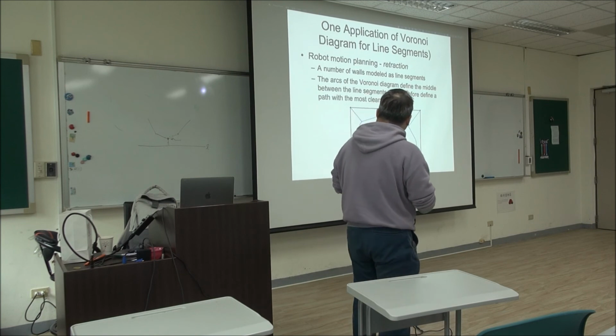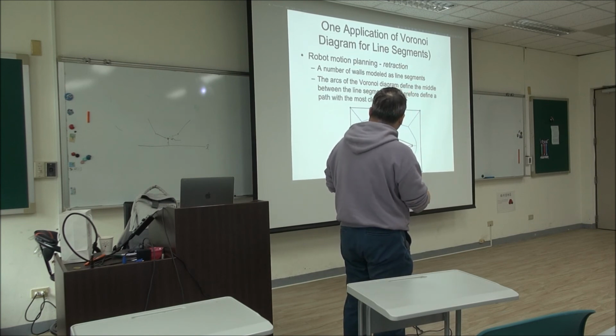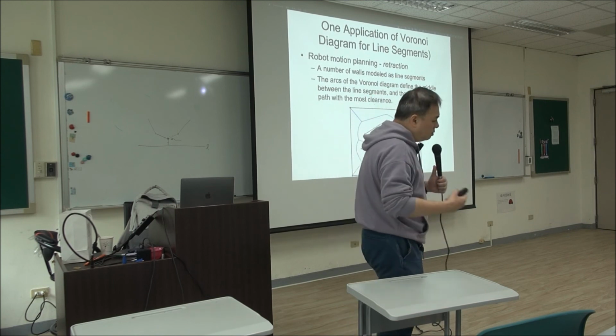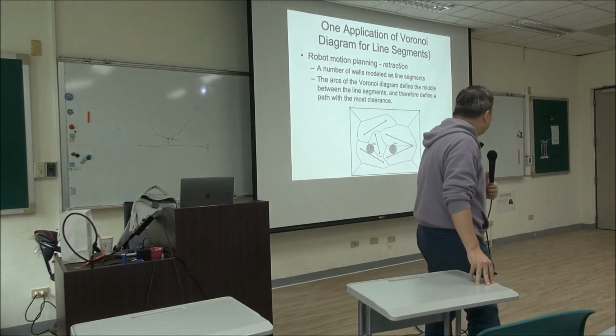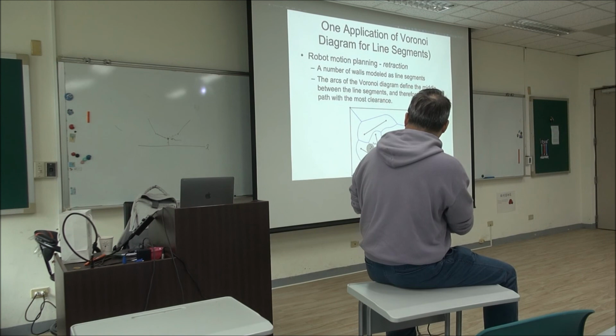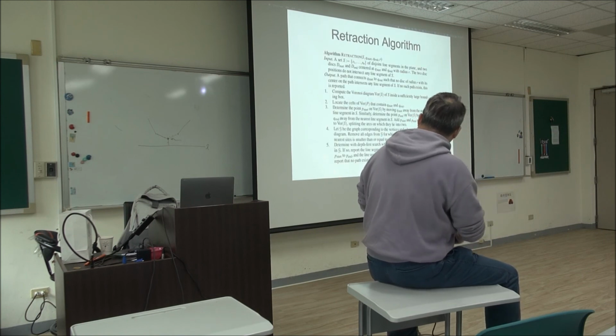Basically, we treat the edges, the arcs in the Voronoi diagram, as the paths with the most clearance. So the robot basically follows the arcs in the Voronoi diagram. That's the basic idea. Here is the retraction.